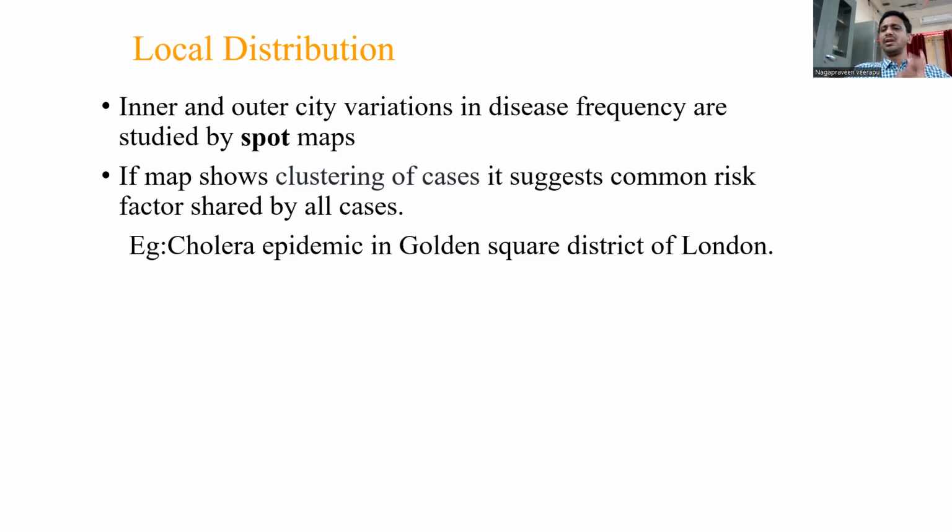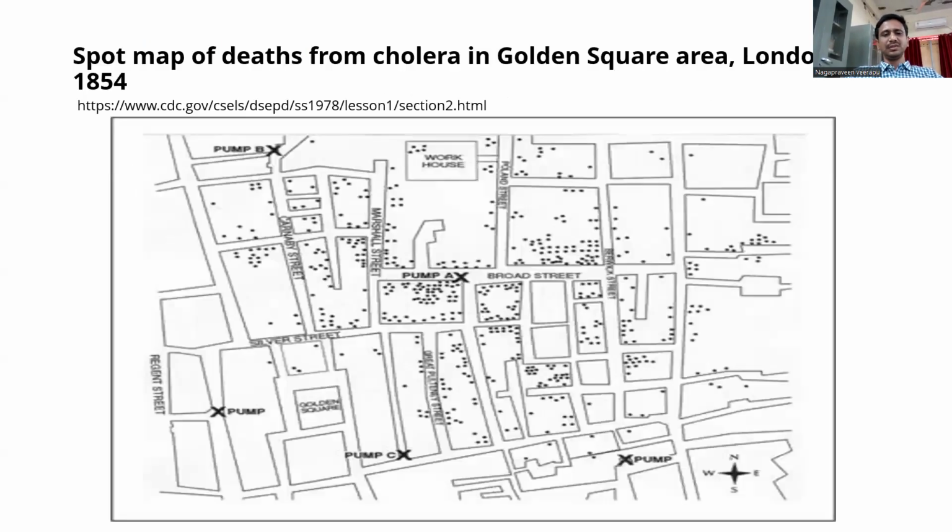Local diseases: inner and outer city variations in disease frequency are studied by spot map. Clustering of cases suggests common risk factors shared by all. Take the cholera epidemic in Golden Square, Broad Street in London. So locally also you can see the differences. You can see the spot map here.